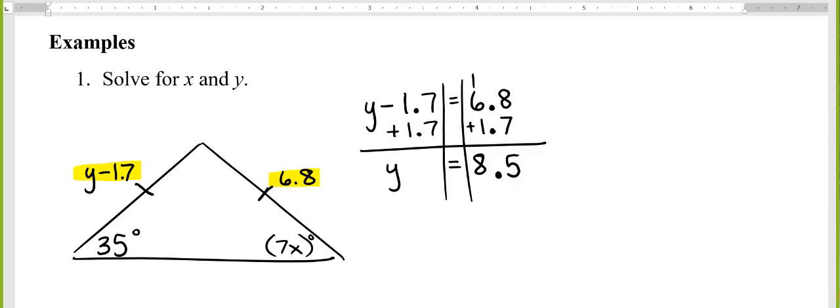Now let's talk about angles. These angles down here are also equal to each other because the base angles of an isosceles triangle are congruent. So we know that 35 is equal to 7x.